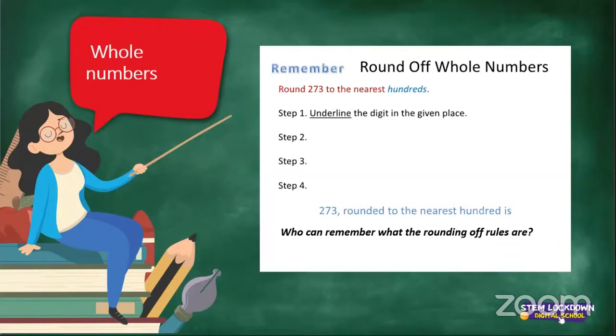Yes, look at the circled number and round off. That's the third step. Check to see if it's 1, 2, 3, 4 to round down, or 5, 6, 7, 8 to round up. That's correct. And the last step, what's the last step?